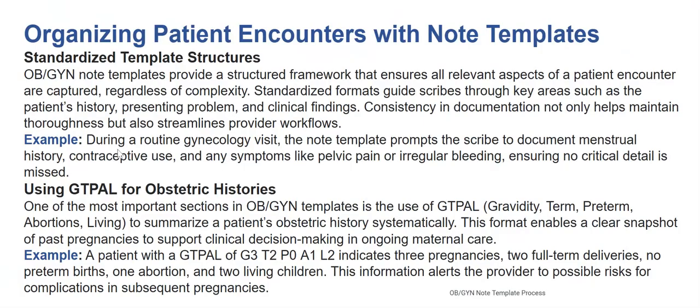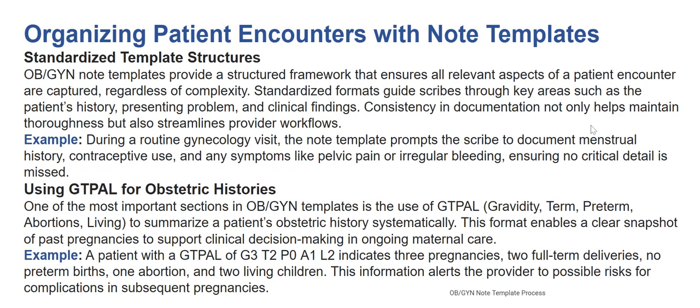Key points. Organizing patient encounters with note templates. Standardized template structures: OB/GYN note templates provide a structured framework that ensures all relevant aspects of a patient encounter are captured regardless of complexity. Standardized formats guide scribes through key areas such as the patient's history, presenting problems, and clinical findings.